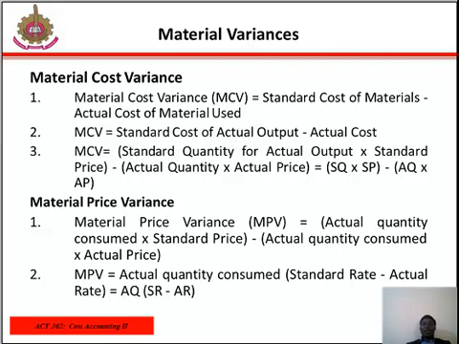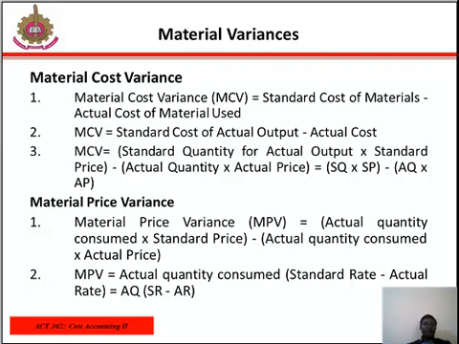Or you can say MCV equals standard quantity multiplied by standard price, minus actual quantity multiplied by actual price. That gives us SQ times SP minus AQ multiplied by AP. I think you should be able to remember that.